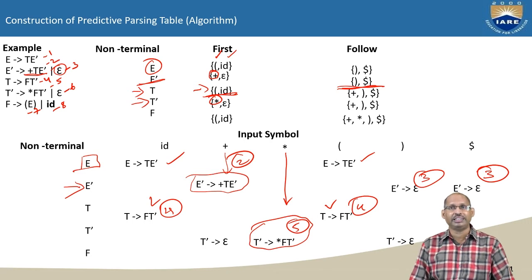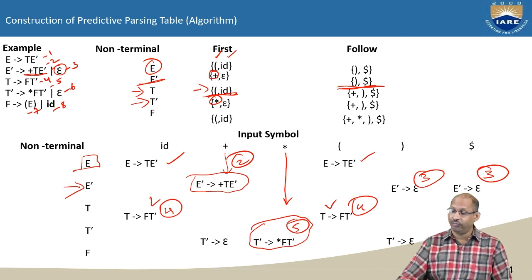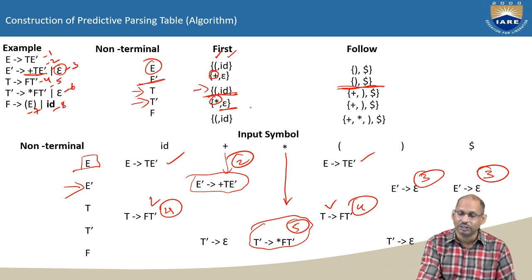Now, for the sixth production, where do we have to write it? What is the first of sixth production? The first of sixth production is epsilon.